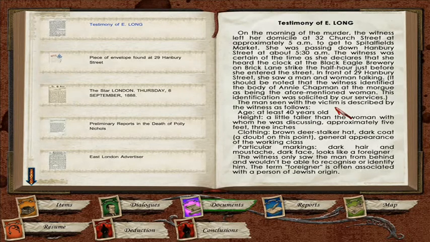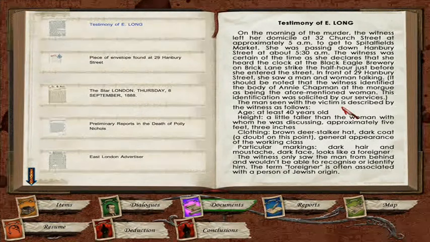Yeah, let's see. On the morning of the murder, the witness left her domicile at 32 Church Street at approximately 5 a.m. to get to Spitalfields Market. She was passing down Hanbury Street at about 5:30 a.m.